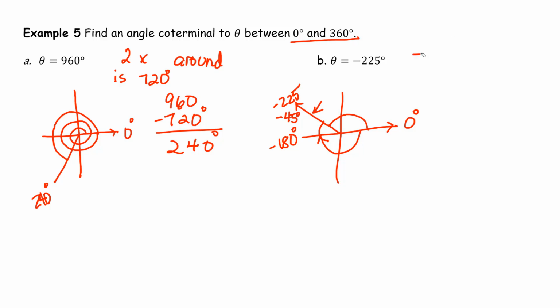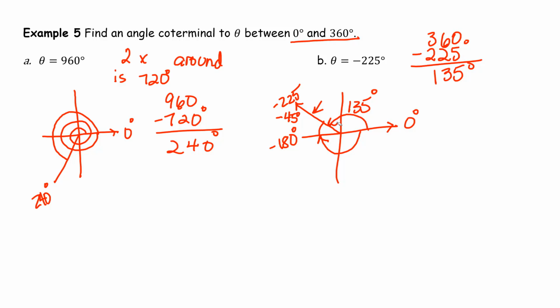What I'm going to do is just add 360 to this number until I get to an angle that is between 0 and 360. So if I add 360 to this, I get 135. And so that is this angle right here that takes me from 0 to 90 and 45 degrees more into the second quadrant. And that is the angle that has the same terminal side as negative 225.